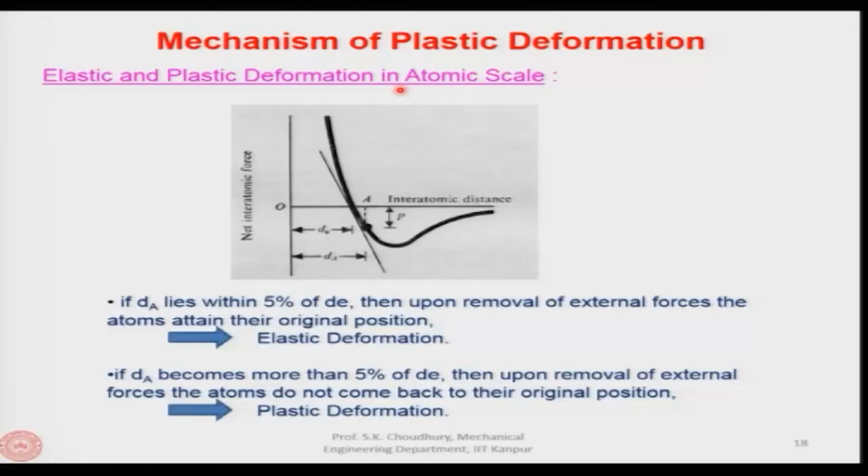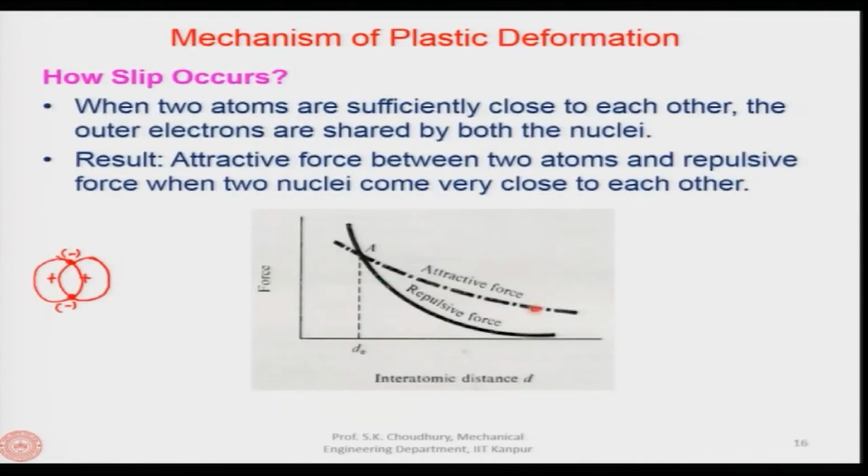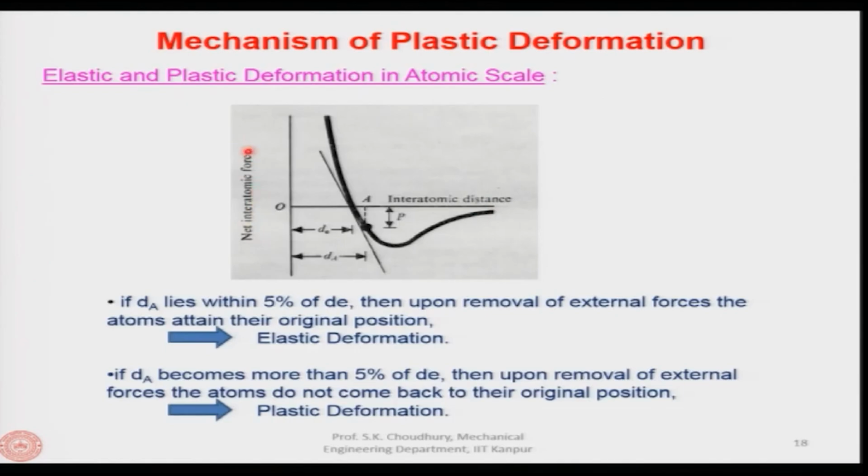Okay. Now, let us see the elastic and plastic deformation on the atomic scale. So, if you plot the curve of the net interatomic force versus the interatomic distance, this is the line that we can get. And in this line, you remember we have shown the attractive force and the repulsive force interacting with each other. So, for the net interatomic force versus the interatomic distance, this is the line which can be obtained.